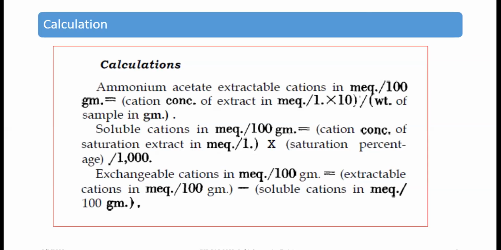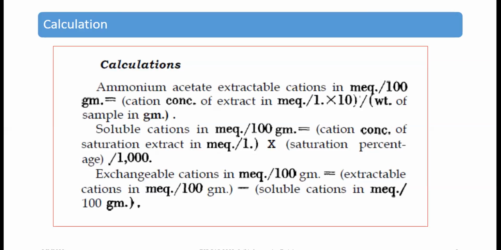Here you also have to convert the soluble cation and extractable cation from milliequivalent per liter into milliequivalent per 100 grams of soil. This is very straightforward: you take the concentration from your reading and multiply by 10 over the weight of sample.